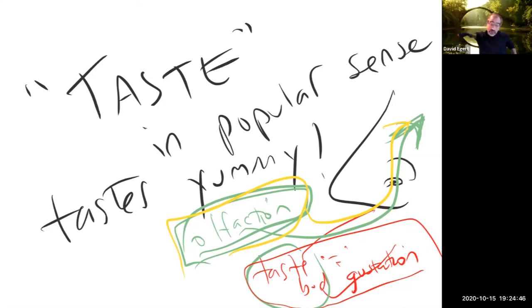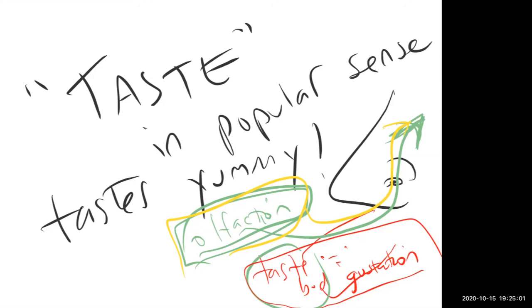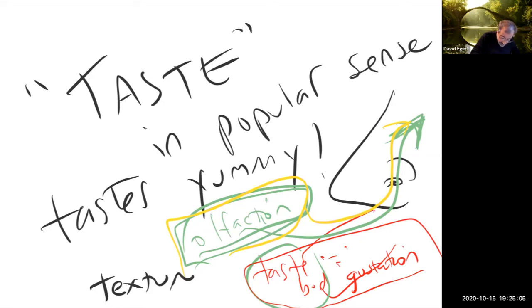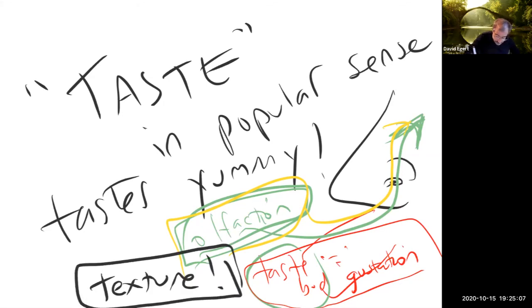If you have an avocado in your mouth versus an apple, what's the big difference between those in your mouth? The texture. So the texture is another big part of it. When you're trying to identify, is that a carrot or is that an avocado, the texture is going to be a big part of it.